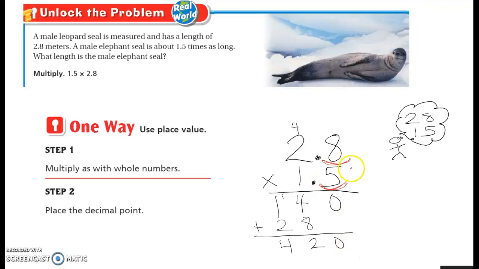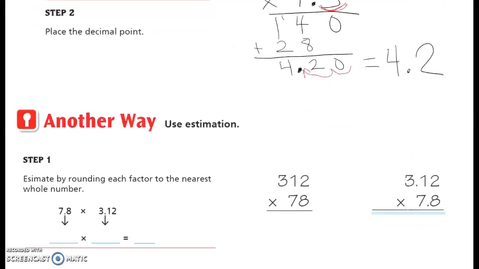So in my answer, I'm also going to have 2 spaces after the decimal, and that is where my decimal point has to go. Since there is 1 here, 1 here, there's 2 in the answer as well, giving me the answer 4.20, or I can simply write this as 4 2/10. All right. What about another way?